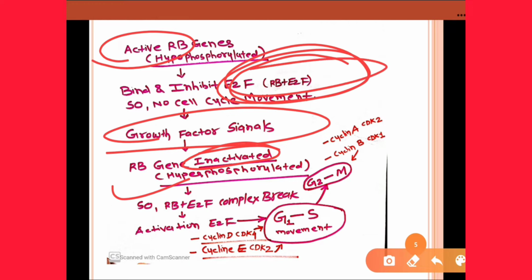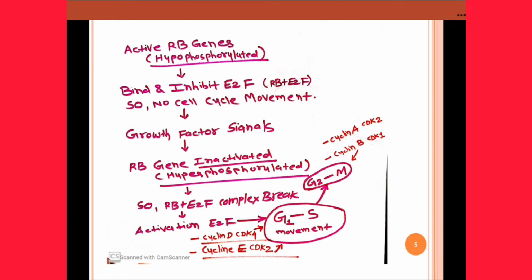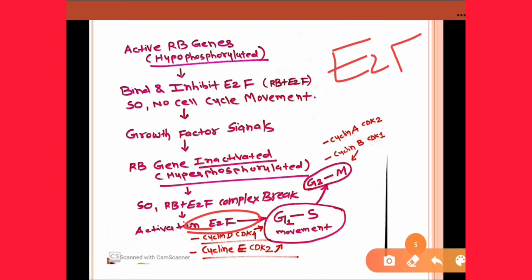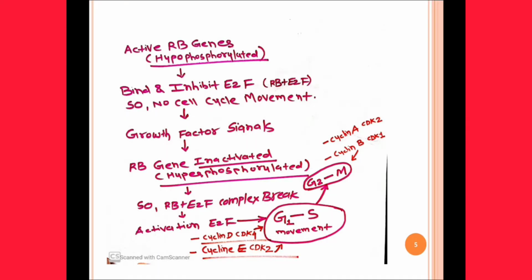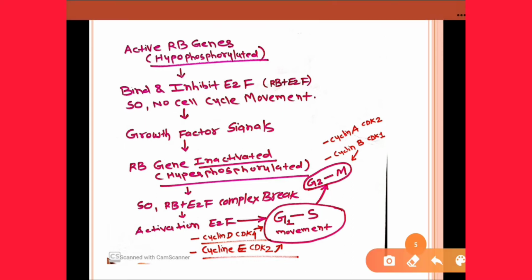The breakdown of the RB plus E2F complex will happen, and so E2F will get released and activated, and once activated it will induce transcription of many substances, that is cyclin E, cyclin A, DNA polymerase, etc. And so the cell will move from G1 to S phase, right?